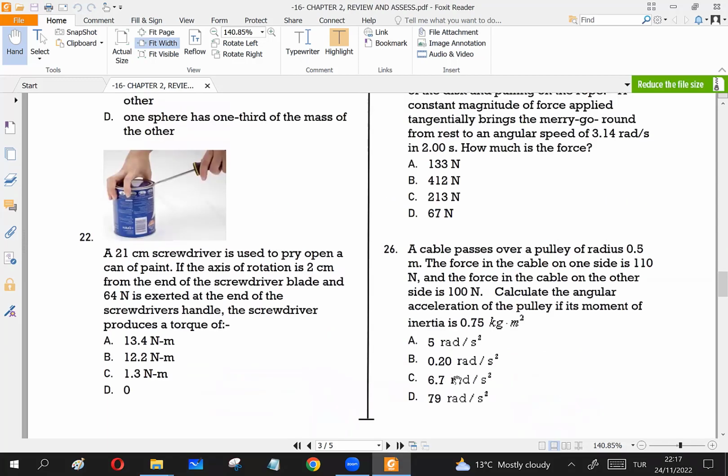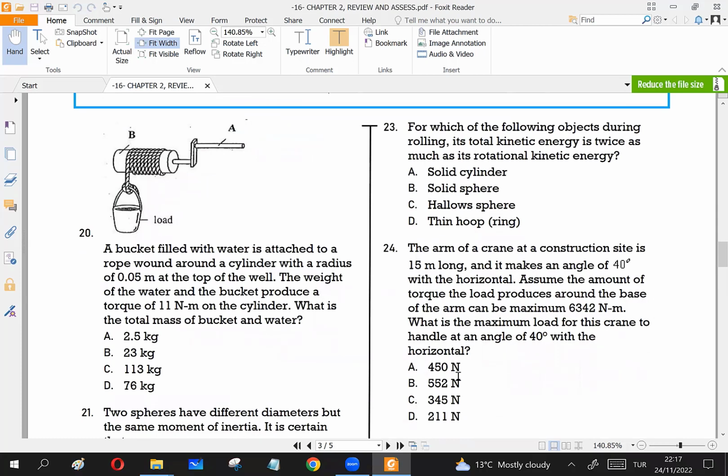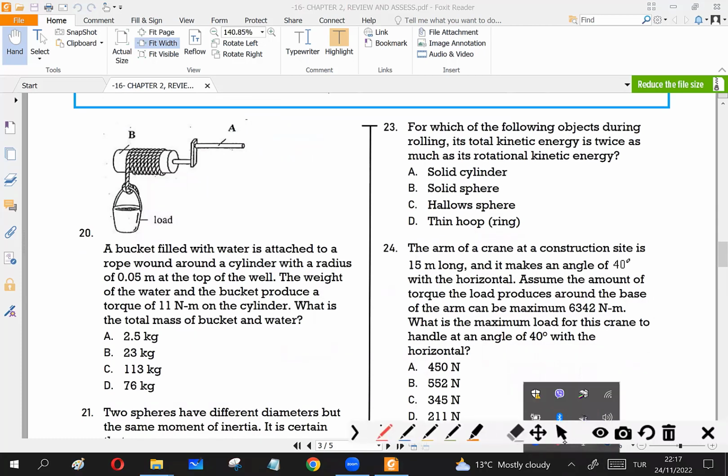And question number 23. For which of the following objects during rolling is the total kinetic energy twice the rotational kinetic energy? Total kinetic energy is twice the rotational. If the rotational kinetic energy is 1 joule, the total is going to be twice, that is 2 joules.